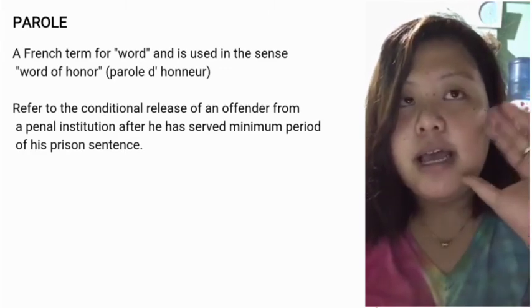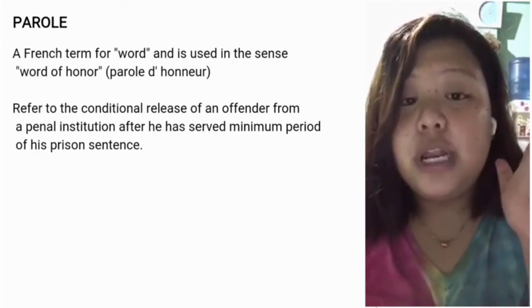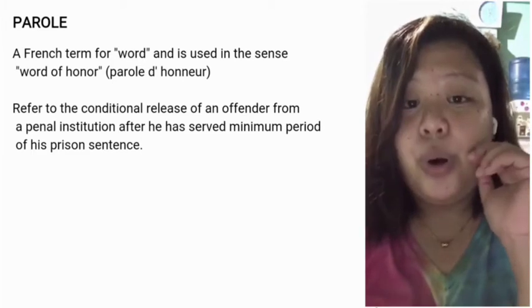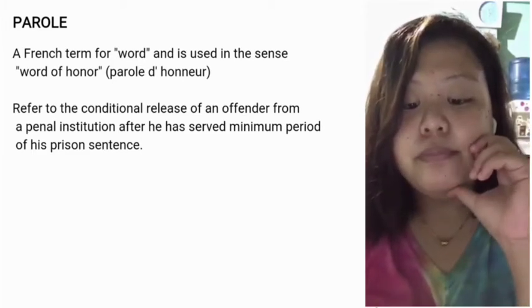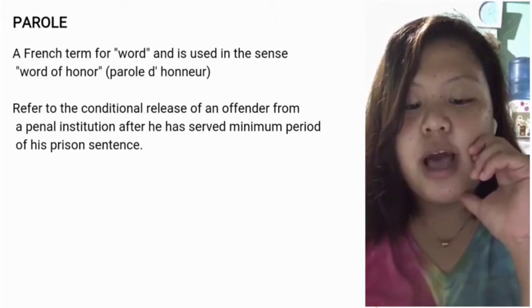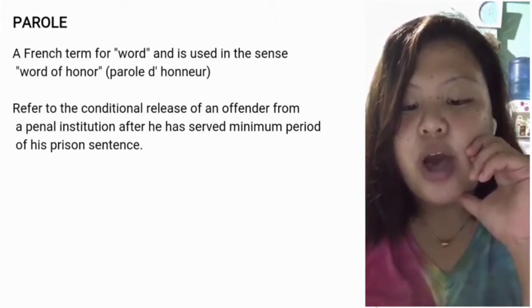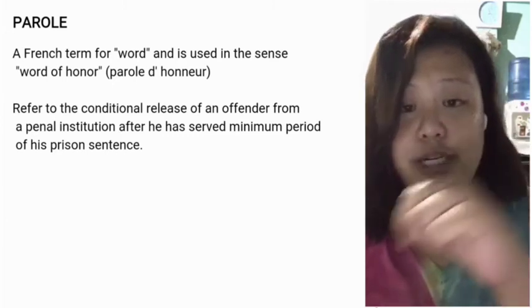Di siya totally laya, pero di pud siya gikulong. Diba? Same lang sa probation nga buhian ka, pero you have to comply sa mga condition nga ihatag.